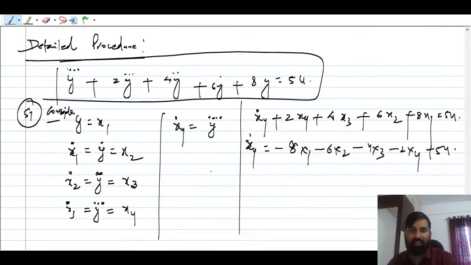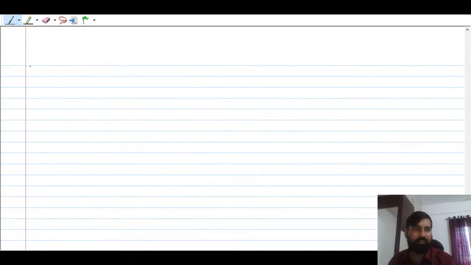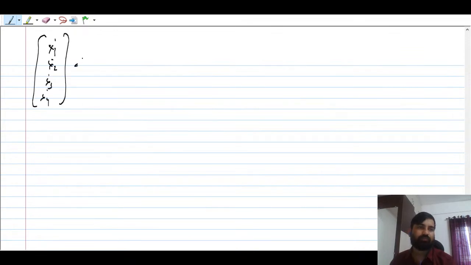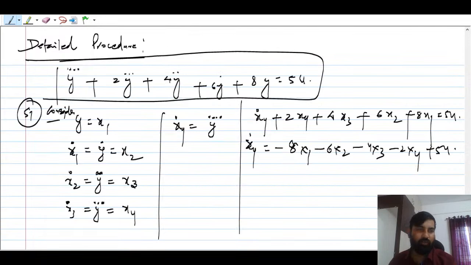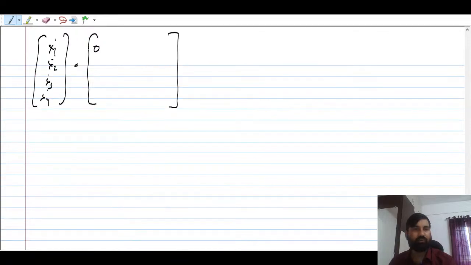Okay. अब यहाँ से आप you can see, so you can make it like this. So x1, x2, x3, x4, and put the coefficients here. In case of x1 dot, only one coefficient is there, that is x2. x2 dot has only one coefficient, so x1 is not present, so it is 0. It is 1, other is 0.